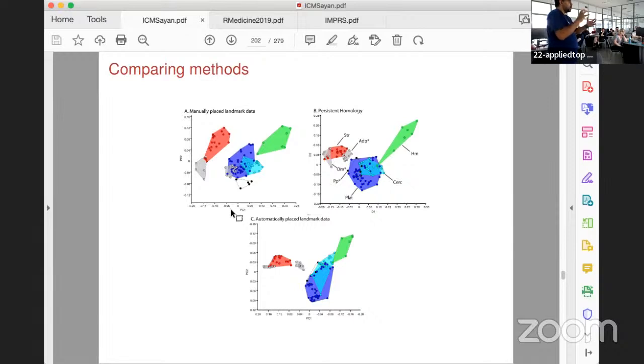Why are there three? Oh, okay, sorry. So B is using the persistent homology transform to get the distances.